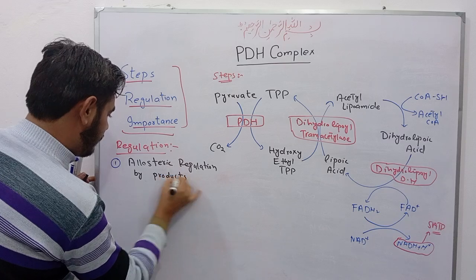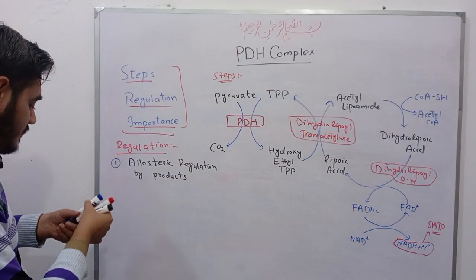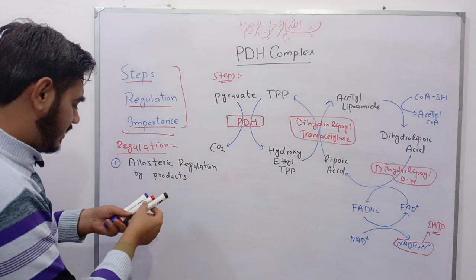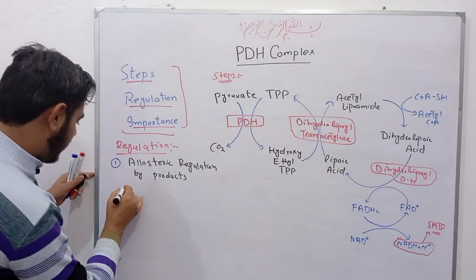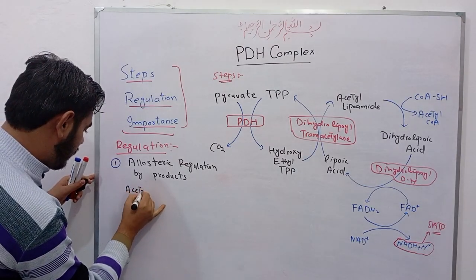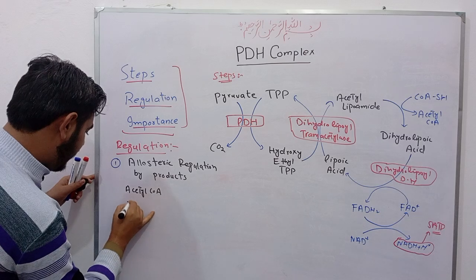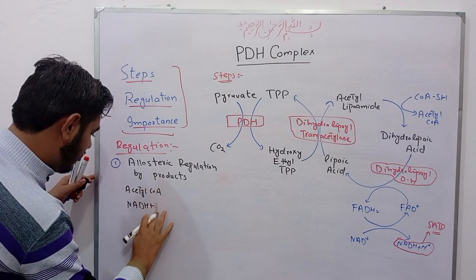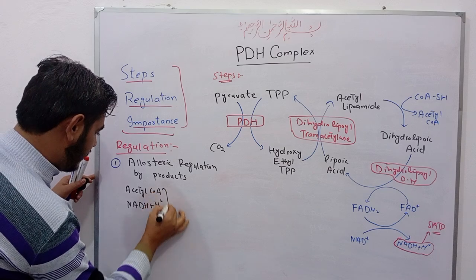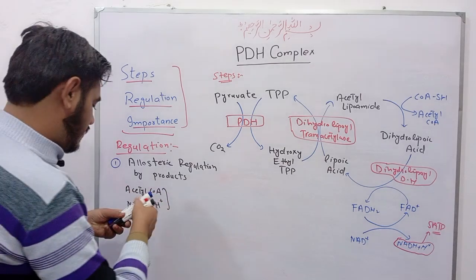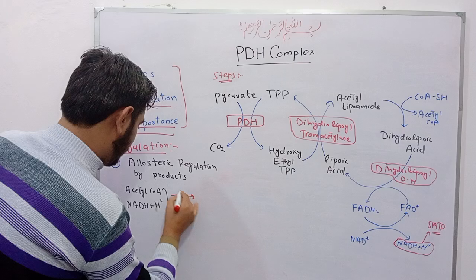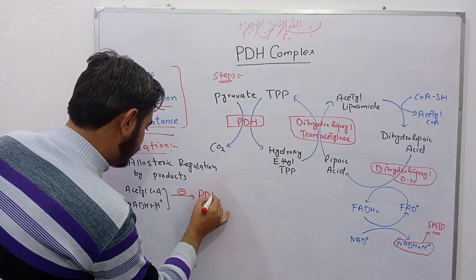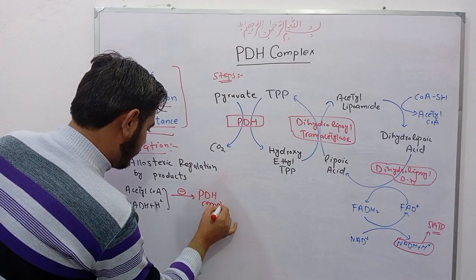Okay, students, and here products like acetyl CoA and NADH and H plus inhibit the pyruvate dehydrogenase complex.